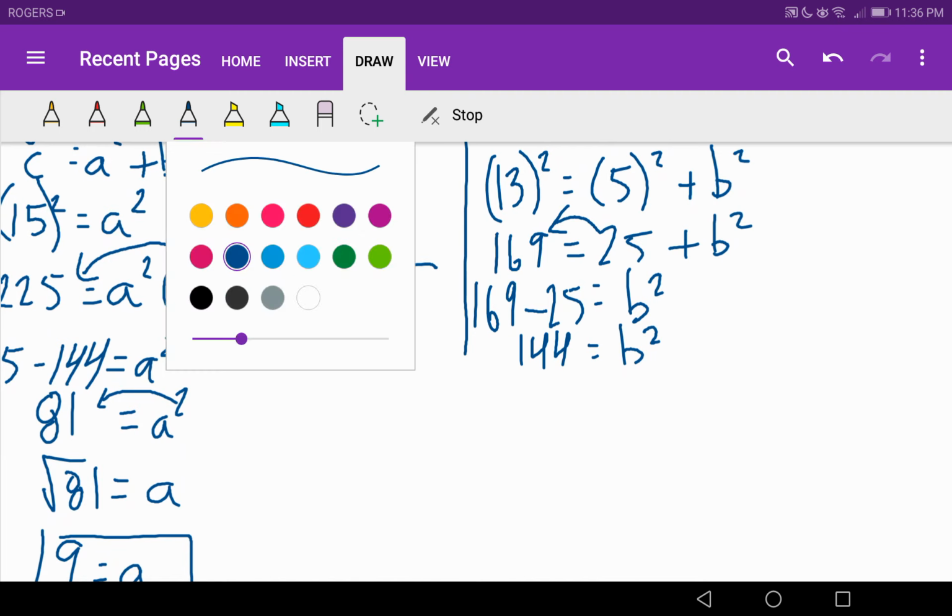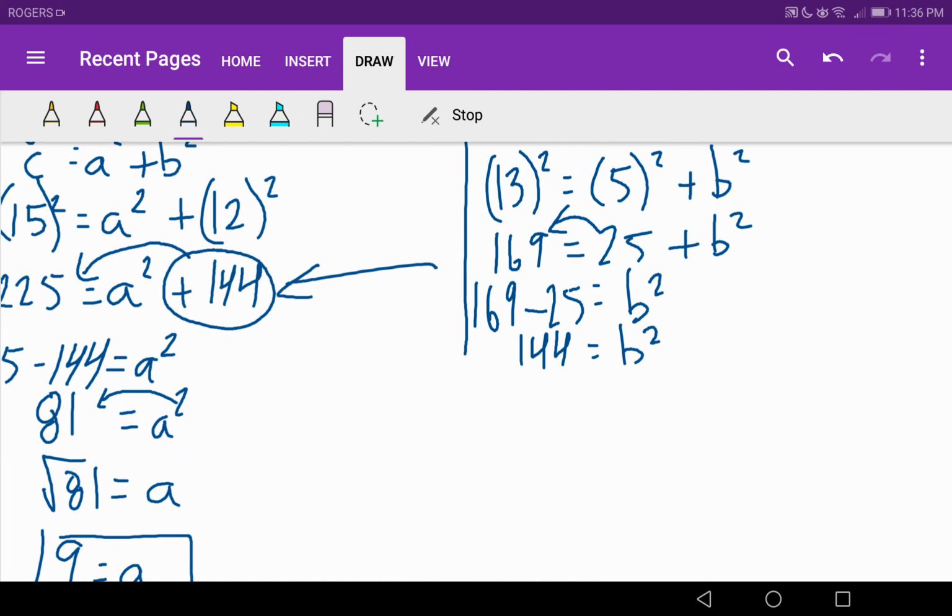Once again, you're not done. Do not forget that you have B squared. You need to square root the other side, all right, to remove the square. So bring the square over, it becomes square root of 144. And guess what the square root of 144 is? 12.